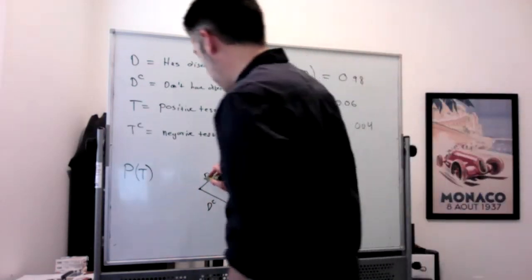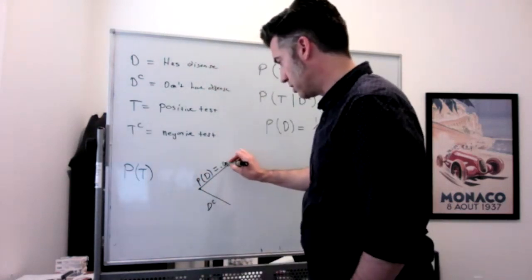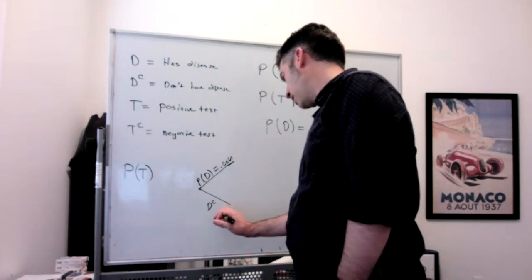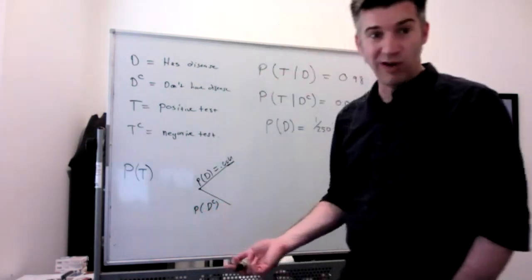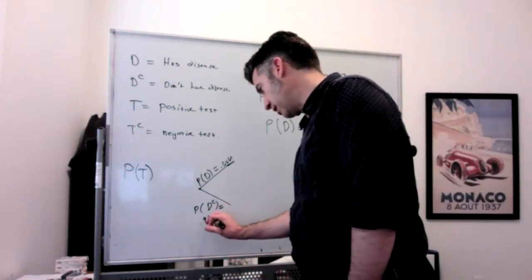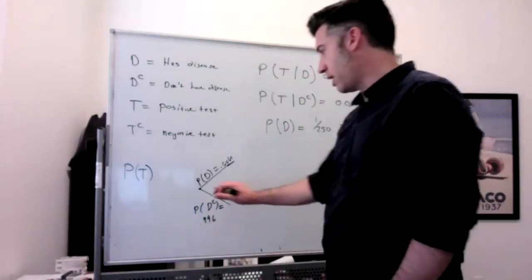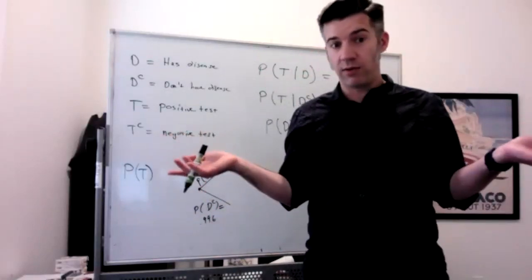So I should really say the probability of having the disease is 0.004. And the probability of not having the disease is 1 minus 0.004, which is 0.996. Okay. So that's the first thing, right? You have to have one of the two things happen.